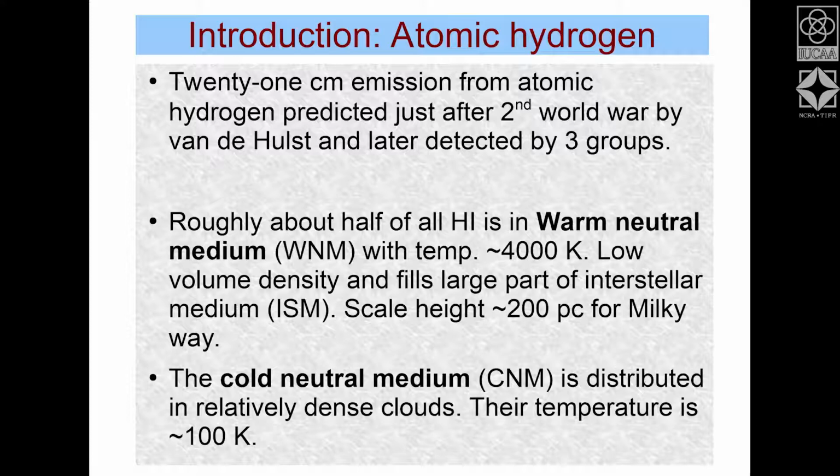So the other thing is, when we talk of the warm neutral medium, you also have to know something, because typically the interstellar medium can be divided into, sorry, it is basically ionized interstellar medium and neutral interstellar medium. The neutral interstellar medium is what we are talking of, part of which is the warm neutral medium, and also the cold neutral medium.